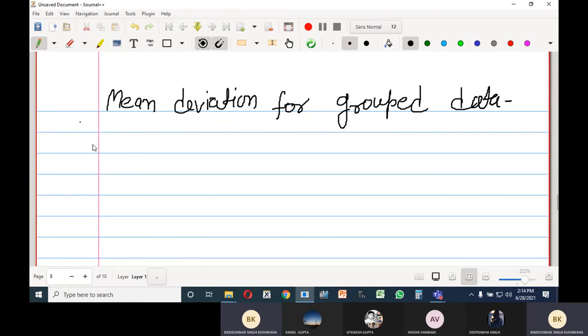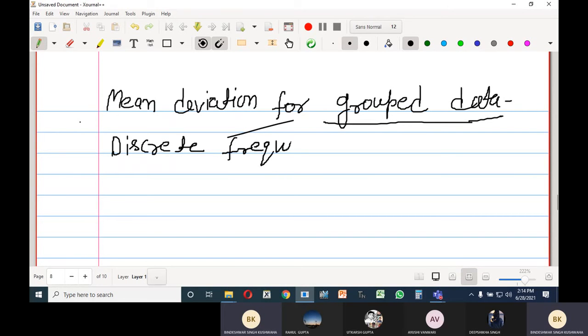Or you can say that the first one inside the grouped data is discrete frequency distribution. Discrete frequency distributed data. Okay, so discrete frequency distributed data.